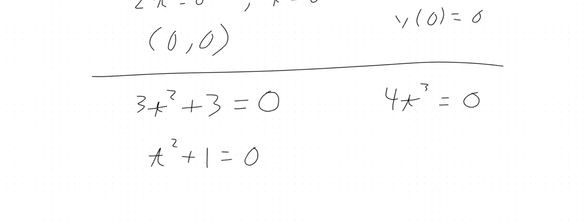So therefore, t is going to equal plus or minus the square root of -1. Okay, so that's imaginary. Here it's wherever t is going to equal 0. So we already know that that point would be (0, 0).